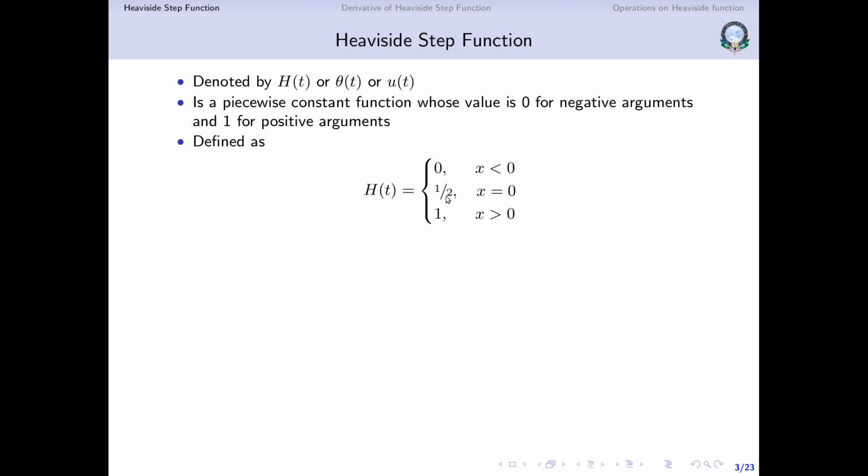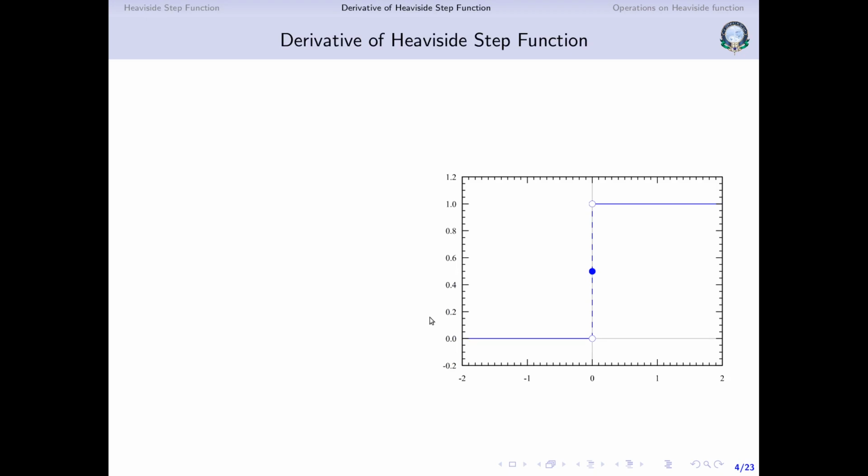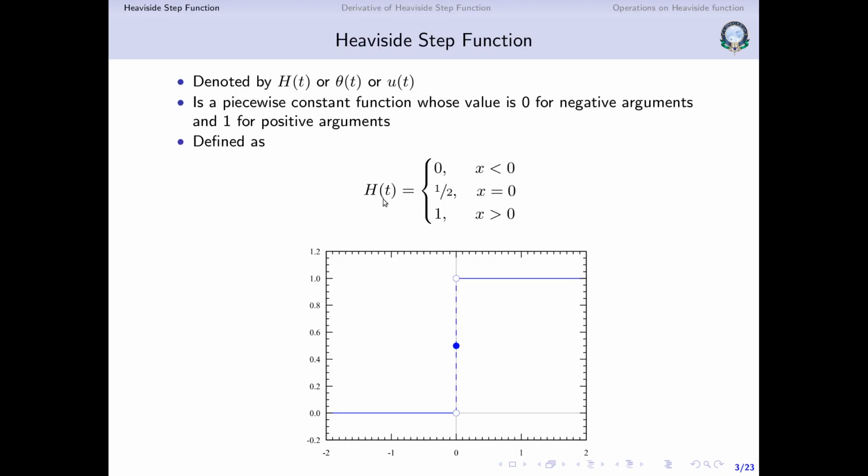So at t equal to 0, we could take the value to be equal to half, and graphically we can represent it like this. For negative values of t it takes 0, and for positive values of t it takes the value 1, and then there is an extremely vertical line which joins these two points. And this passes through the point half. So we can take the value of the Heaviside step function at t equal to 0 to be equal to half.